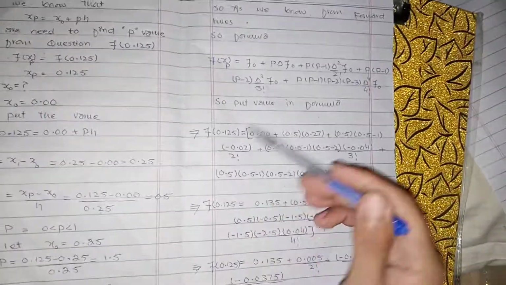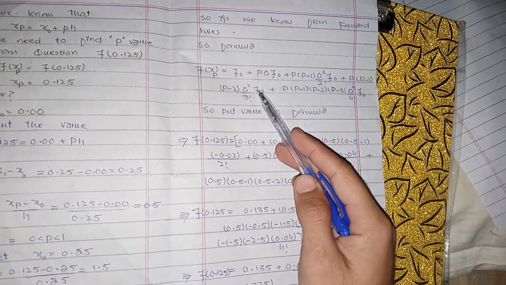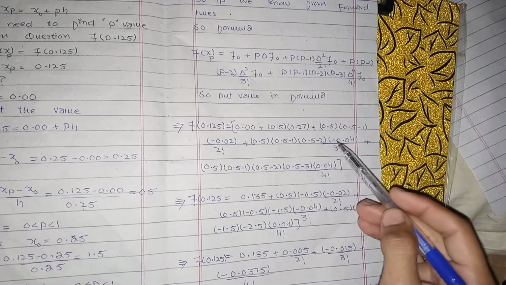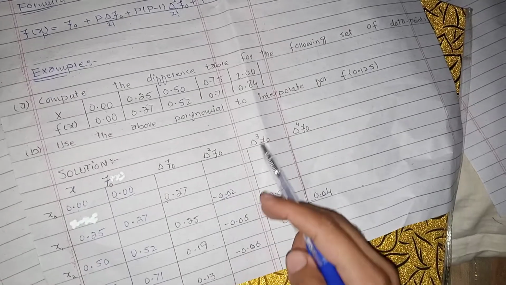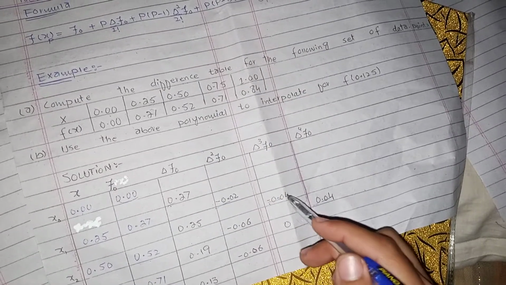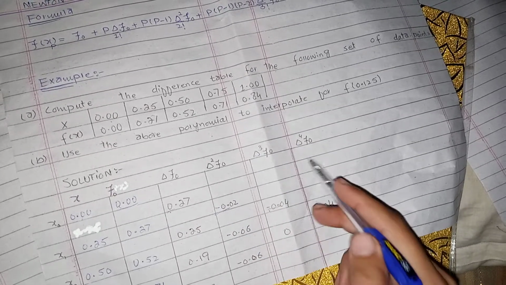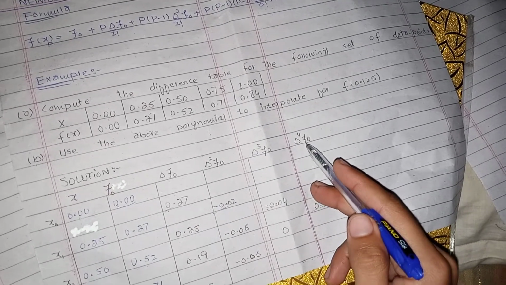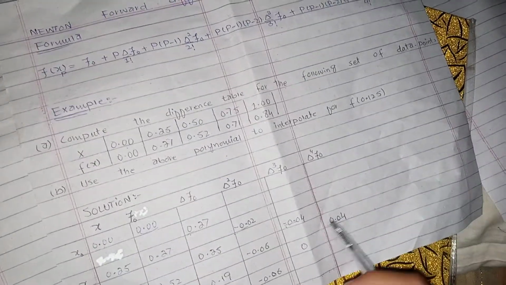As I put in all the values, del square f naught is minus 0.02, del cube f naught is minus 0.04, and delta 4 f naught is 0.04, which is a positive value.